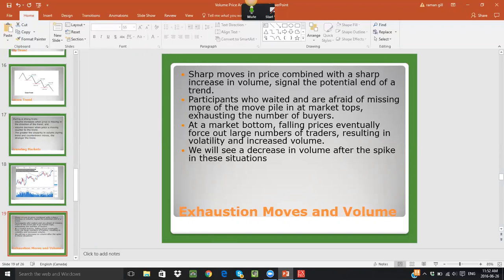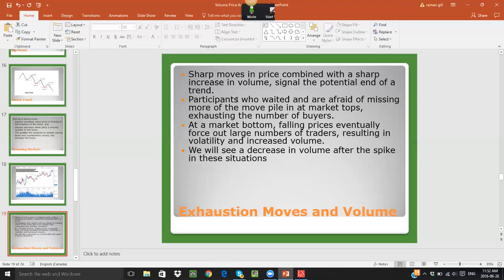When the trend exhausts itself, you will see a sharp price move, followed by an increase in volume. This will signal that this is potentially the end of a trend. Normally what happens during this time is that price will move up really fast and volume spikes up as well.